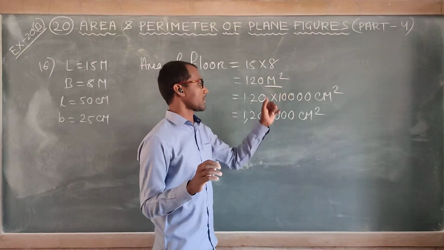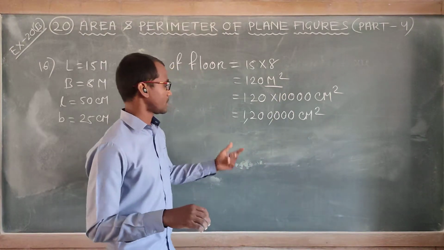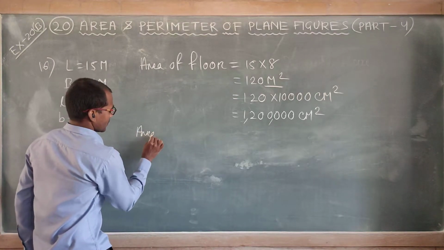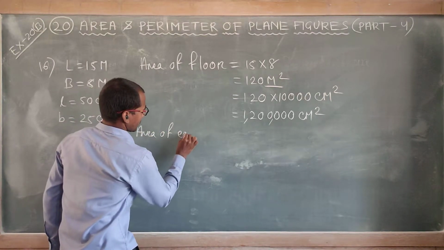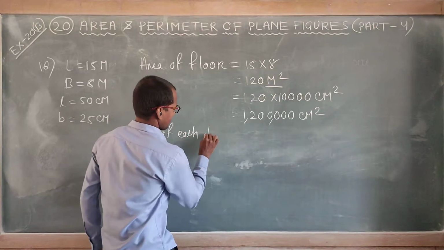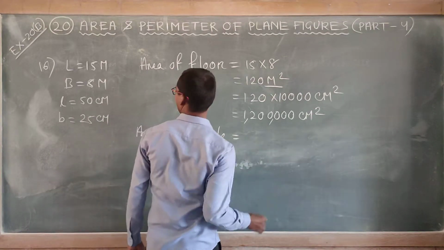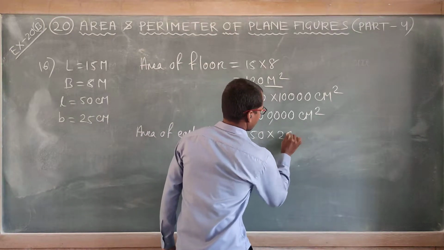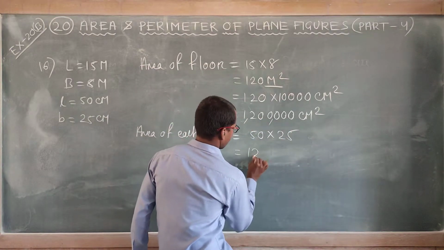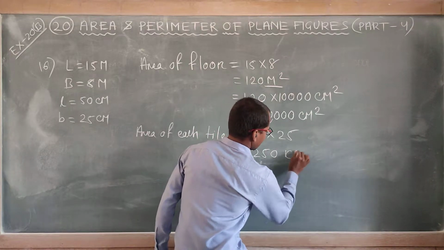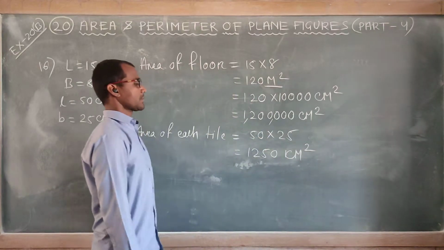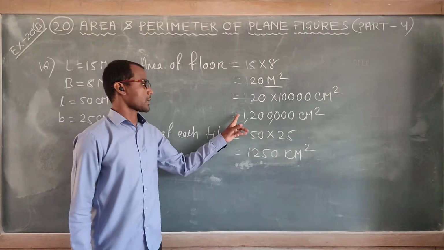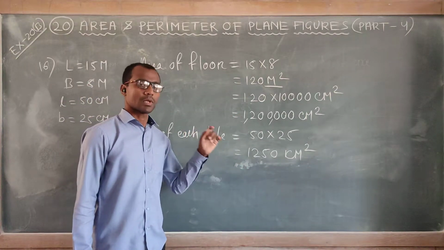First we got it in square meter, but we need square cm, so I converted. Now let us find the area of each tile. Area of each tile is equal to 50 into 25, which is 1250 square cm.